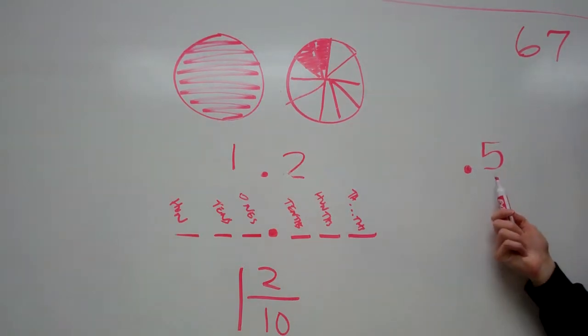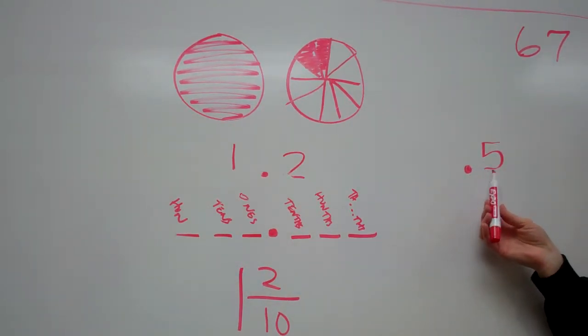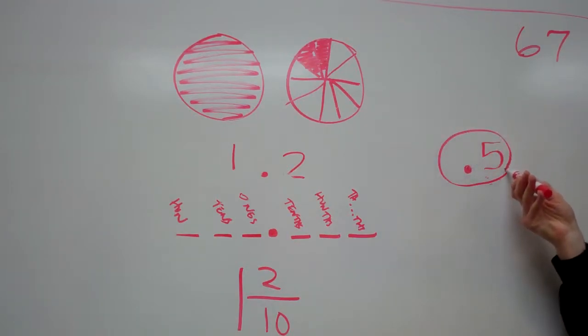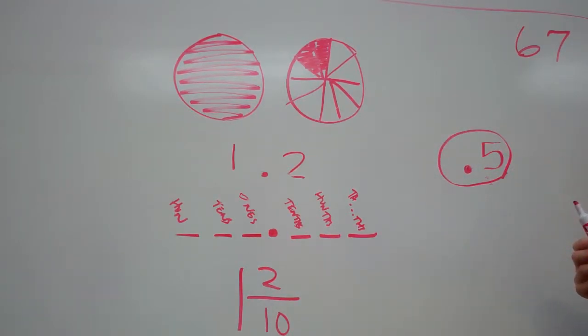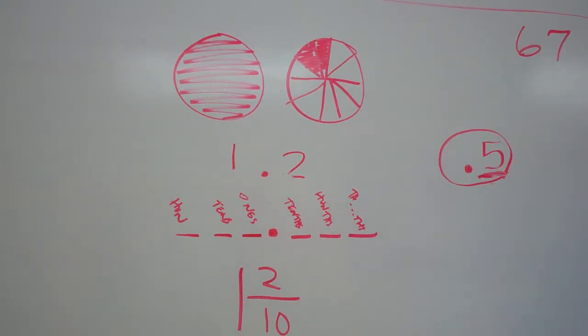Everybody look at this, and based on what we're doing, what would 0.5 look like as a fraction? First question to ask yourself is, what place is this 5 in? Tenths.